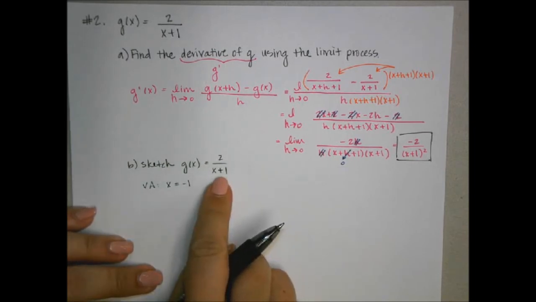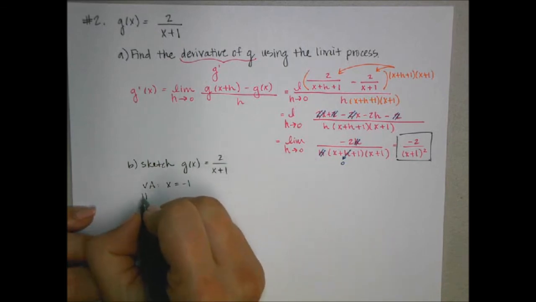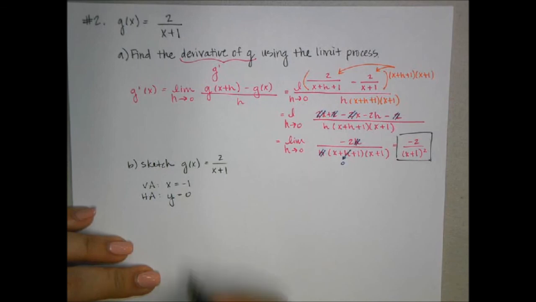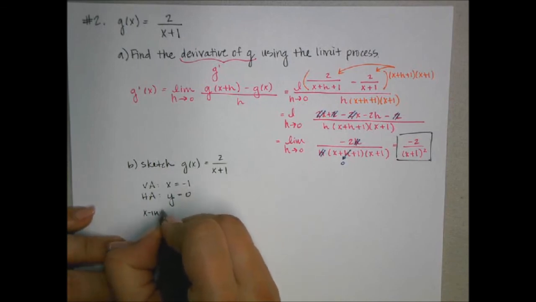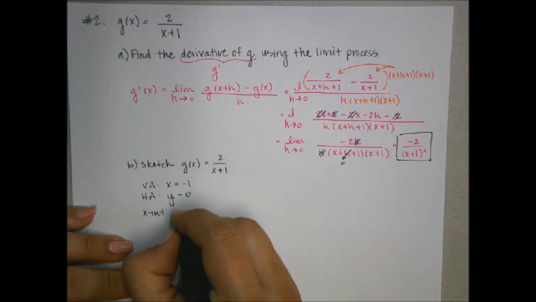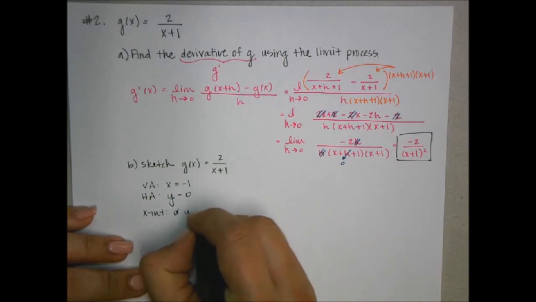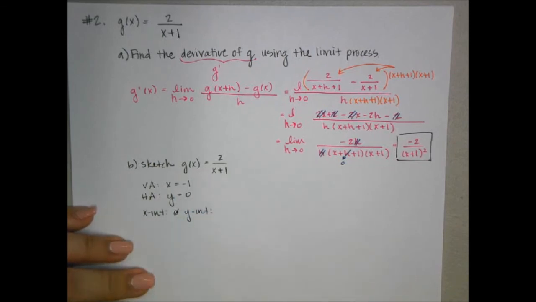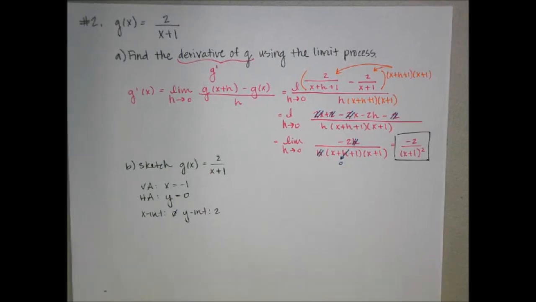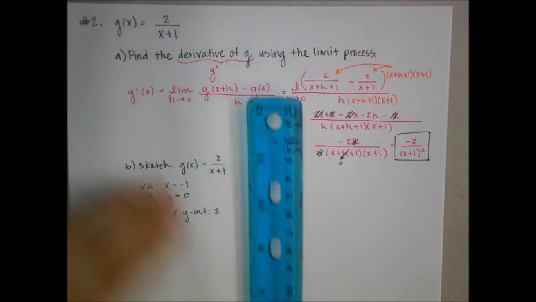Remember that it's bottom heavy, so we have a horizontal asymptote. As far as x-intercepts go, there's no way to make our fraction equal 0, so we won't have one. And for my y-intercept, if I plug in 0 for x, we'll get 2.